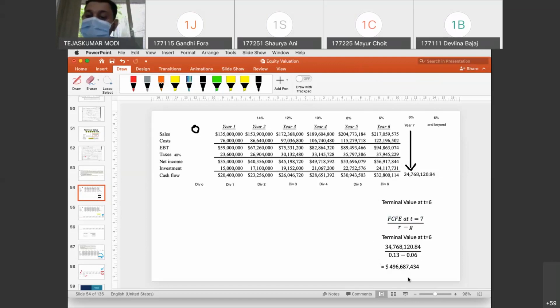So depending upon the company's forecast, the formula we use to calculate terminal value would change. It's not anything new. The term terminal value means the present value of cash flows beyond the horizon, and the method could be any method, depending upon what the company is expecting, right, Mayur?